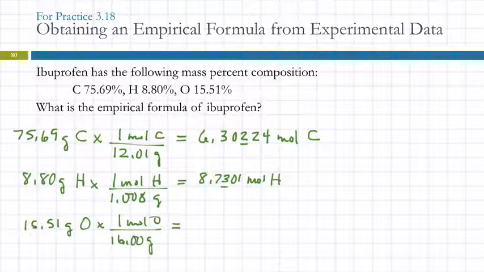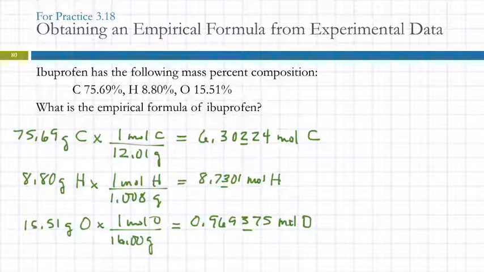You just need to make sure that you include enough. 15.51 divided by 16. This comes out to be 0.969375 moles of oxygen. I convert grams of each element to moles of each element. Then I see which one's smaller, and I divide all of them by the smallest.